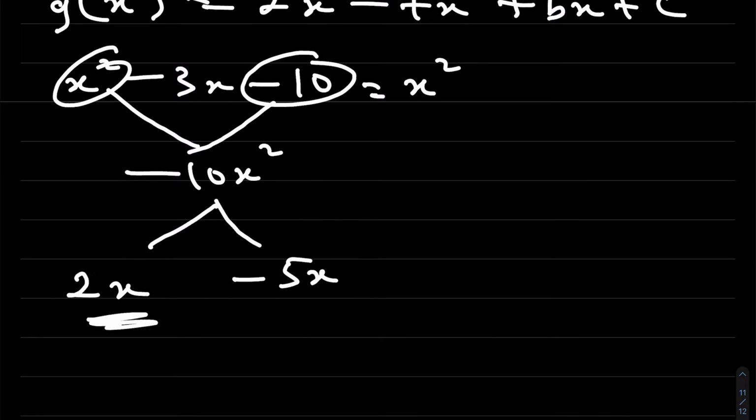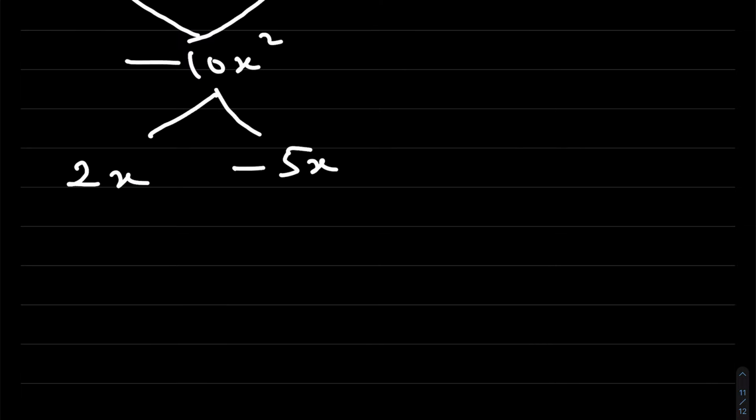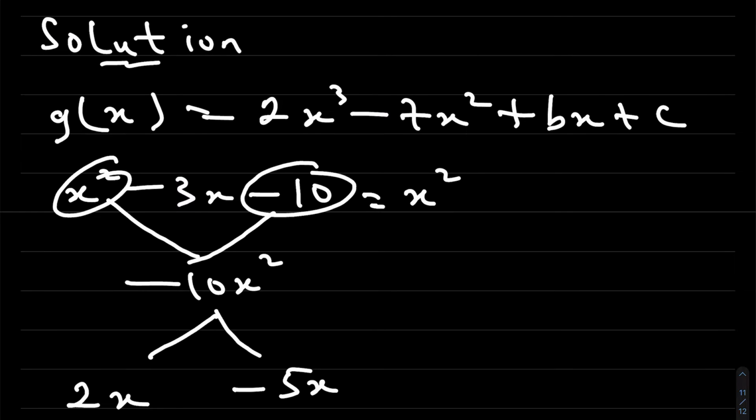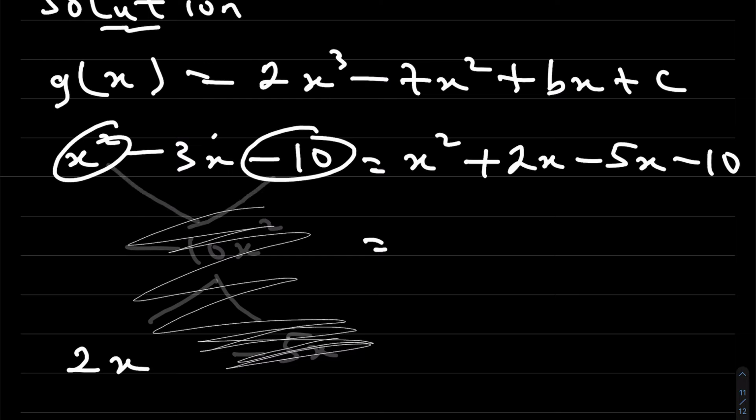So we are going to replace minus 3x with 2x minus 5x. That simply means x squared plus 2x minus 5x minus 10. It's only the middle term minus 3x that will change.